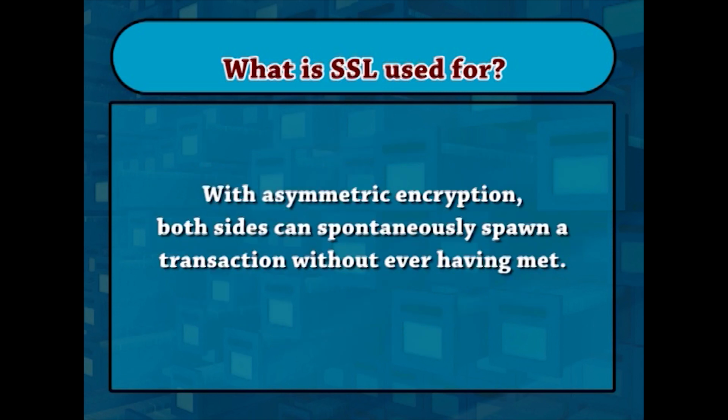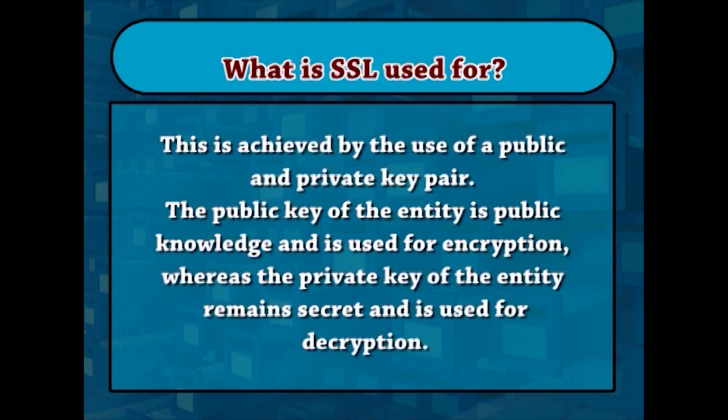With asymmetric encryption, both sides can spontaneously spawn a transaction without ever having met. This is achieved by the use of a public and private key pair. The public key of the entity is public knowledge and is used for encryption, whereas the private key of the entity remains secret and is used for decryption.